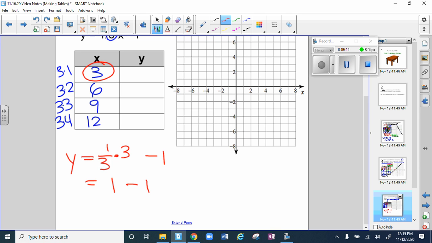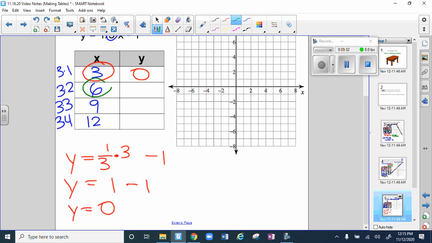And then I'll subtract 1, and I'll end up with y equal to 0. So that's a nice number. It's an integer, because I don't want to have to deal with my fractions. That's why I'm picking multiples of the denominator.